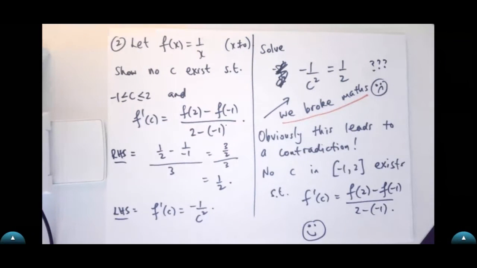So you can't apply the MVT here, right? The conditions of the MVT do not hold. So you can't say anything involving the MVT with this function. Okay. Lucas, is that helpful, buddy?